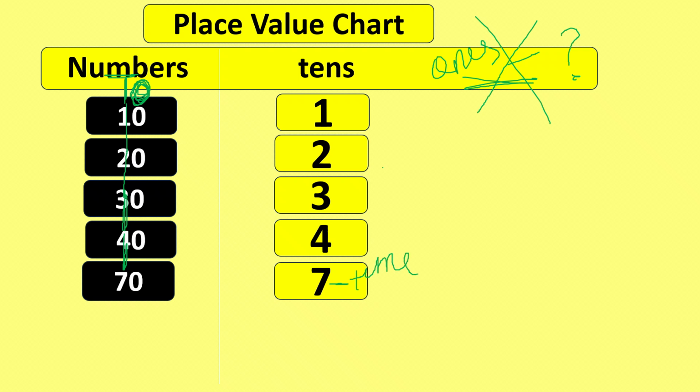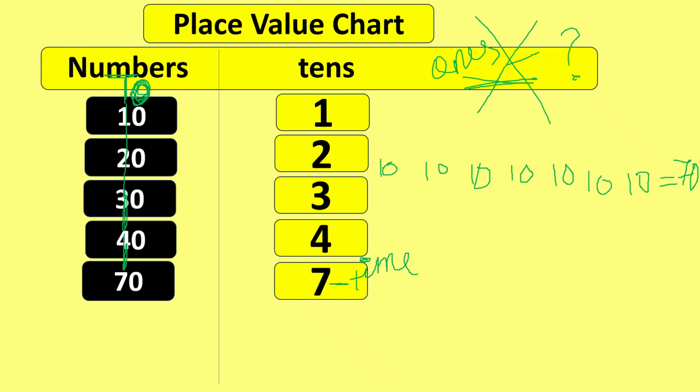It's times, as I told you on the second or third page. So if we add 10 seven times: it's 10 one time, 2 times, 3 times, 4 times, 5 times, 6 times, 7 times. It's 7 times, and equal to 70, okay.